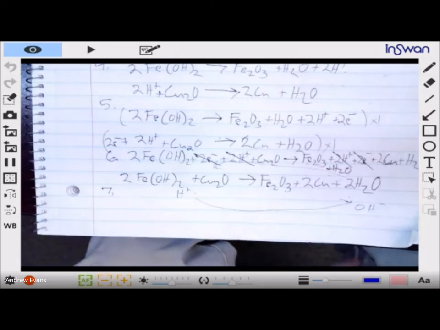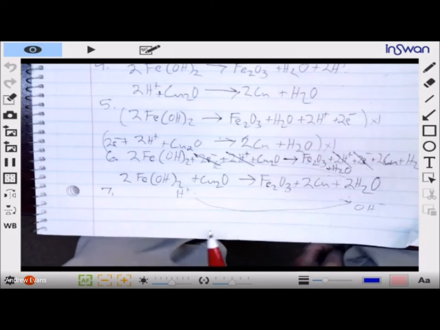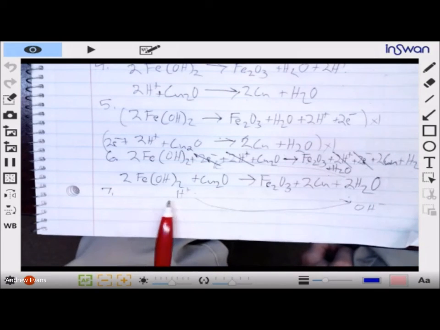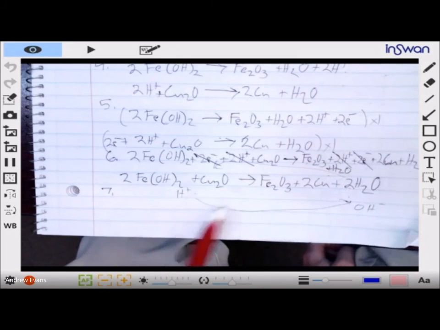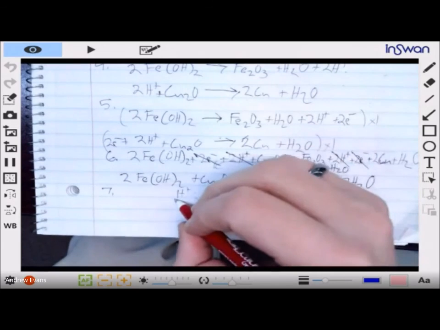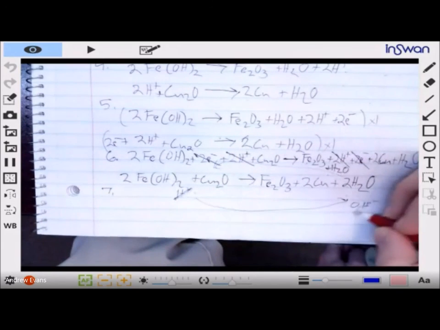But it turns out this one doesn't matter whether it's an acid or base. You have the same generalized reaction, that there's water on this side, there's no acid. So all the acid got canceled out. So acid or base gives you the same value.